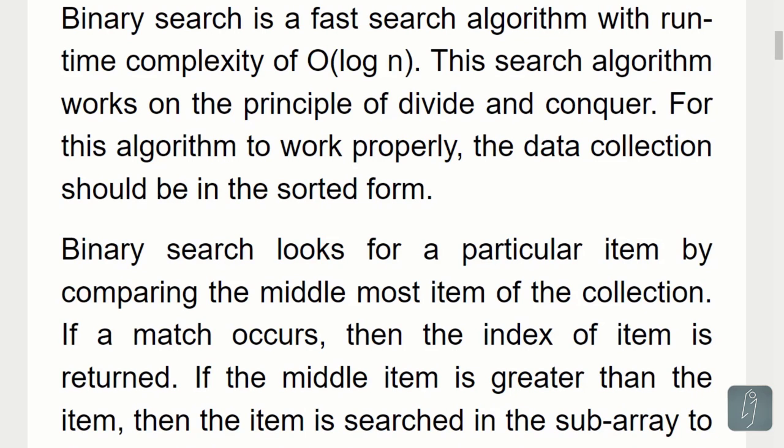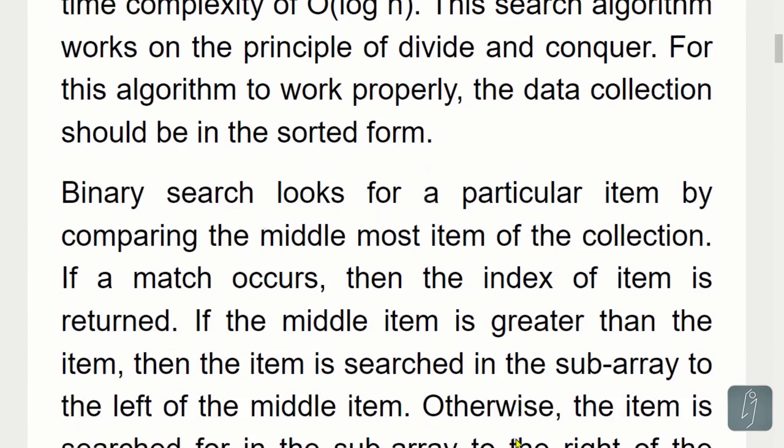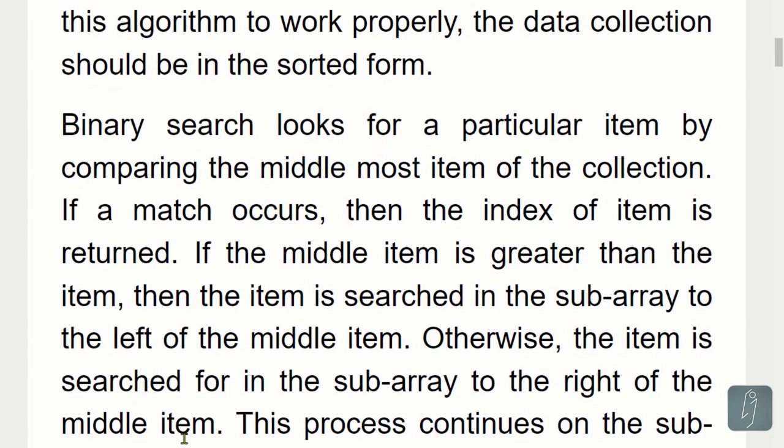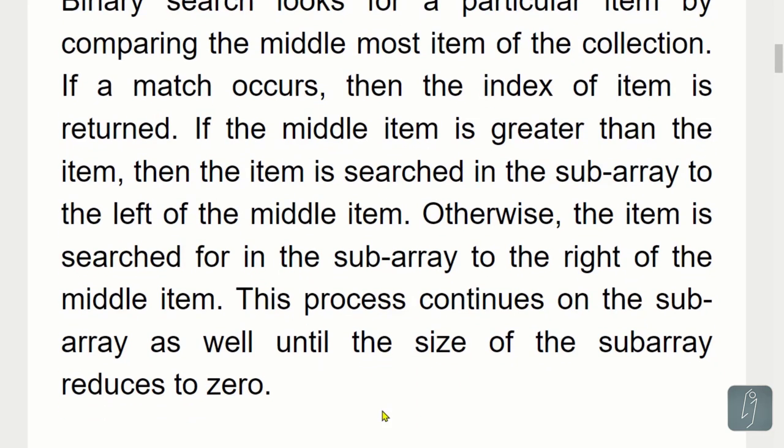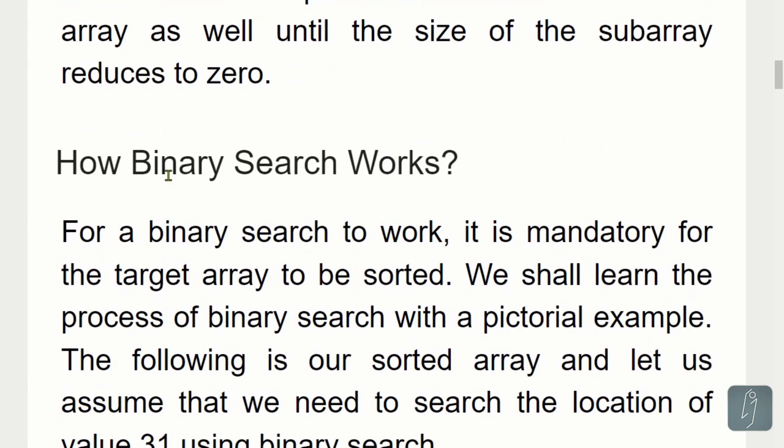Otherwise, the item is searched for in the subarray to the right of the middle item. The process continues on the subarray until the size of the subarray reduces to 0. And we're going to see this in detail in how binary search works.